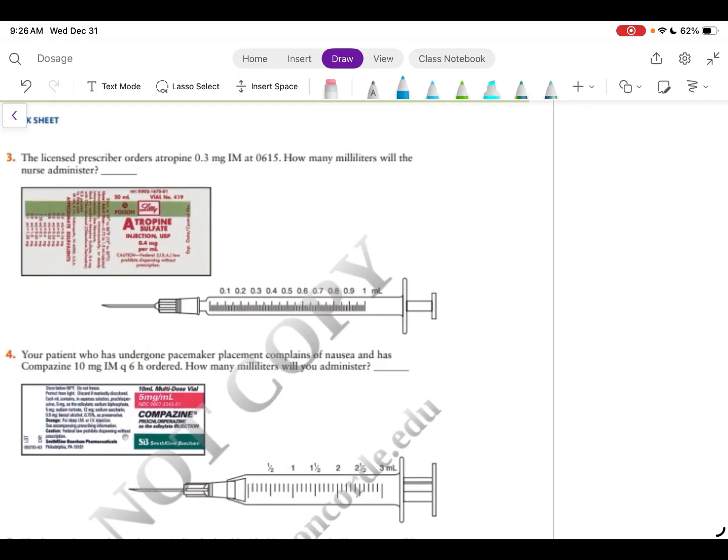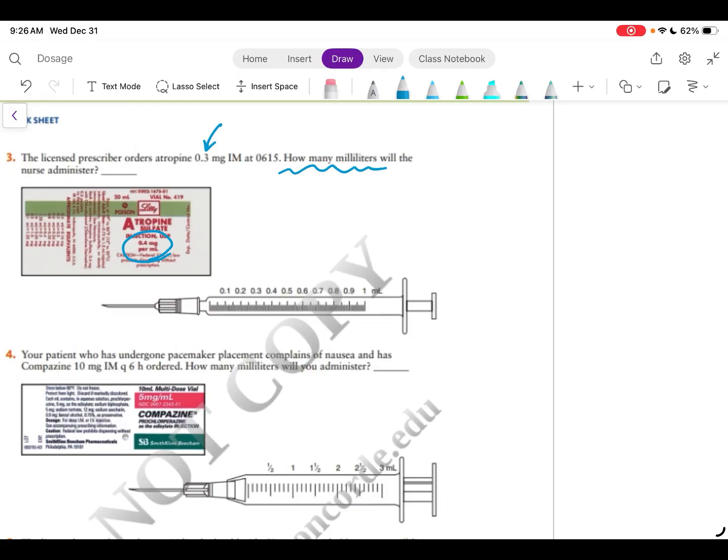Number 3, you have an order for 0.3 milligrams. How many milliliters are you going to give, right? Looking at my label right here, 1 milliliter is 0.4 milligrams.